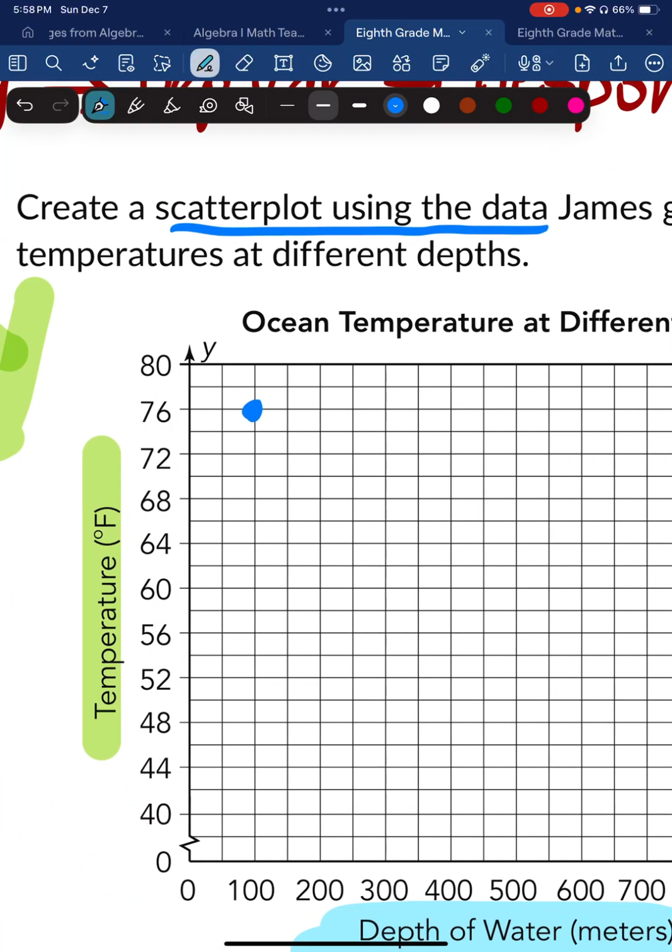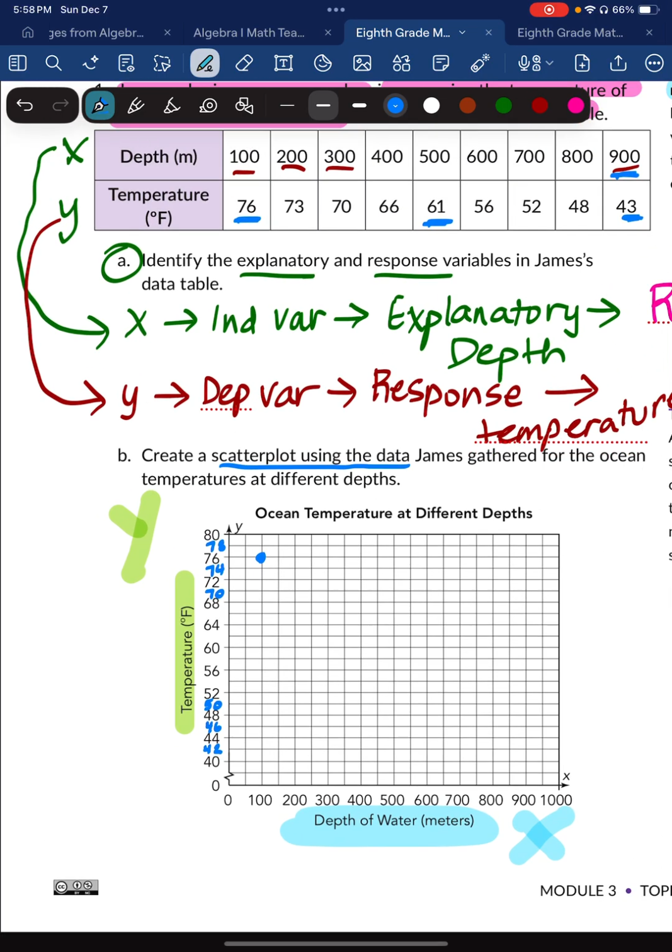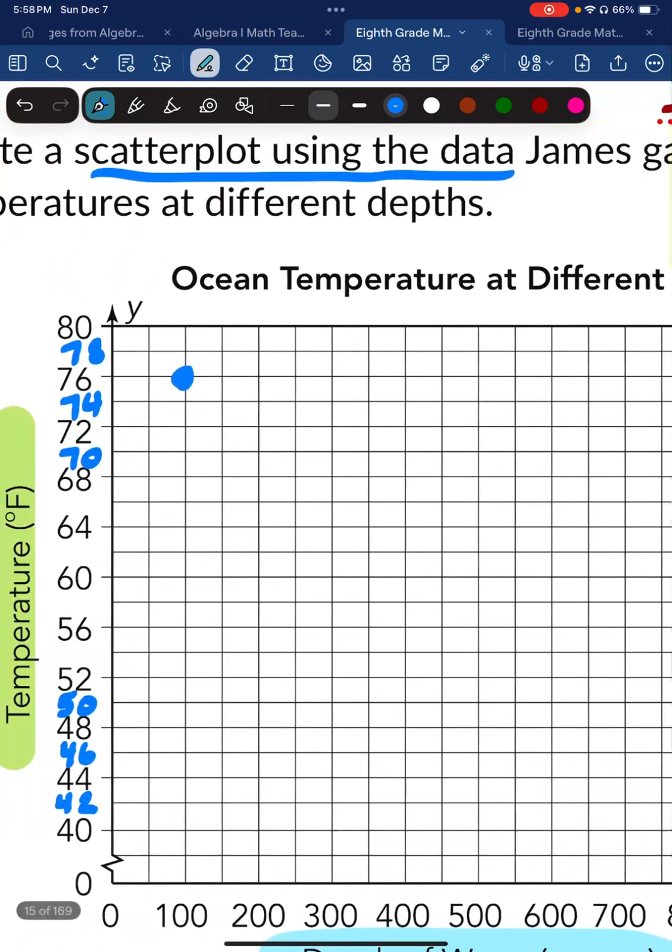It looks like this is counting by twos: 40, 42, 44, 46, 48, 50. So if this is counting by twos, then this is 78, and this is 74, and this is 70. So it's 73 degrees at 200, right in between here, about like that.